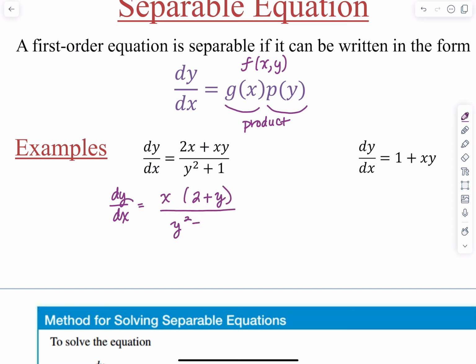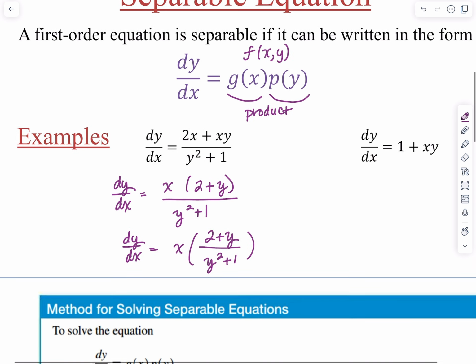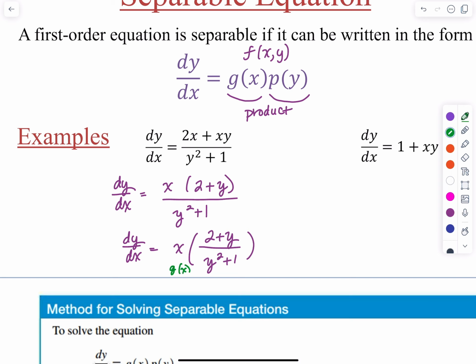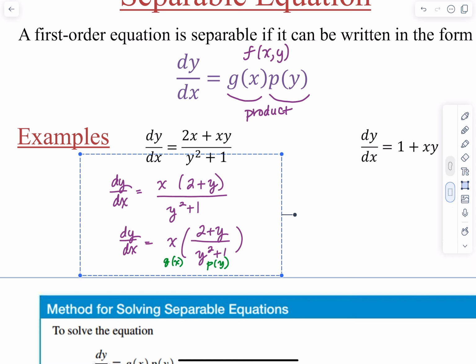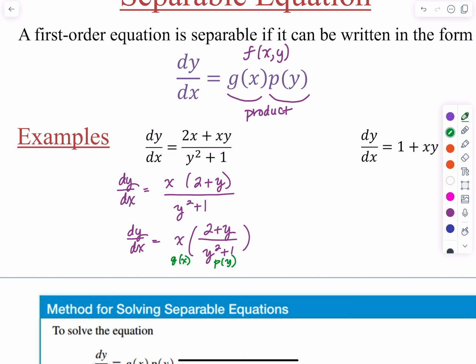And as you can see, this is x multiplied by (2 plus y) over (y squared plus 1). So we have a function of x multiplied by a function of y. So we have a separable differential equation.